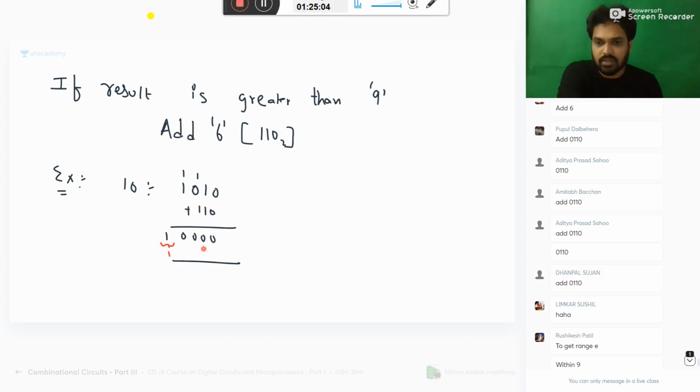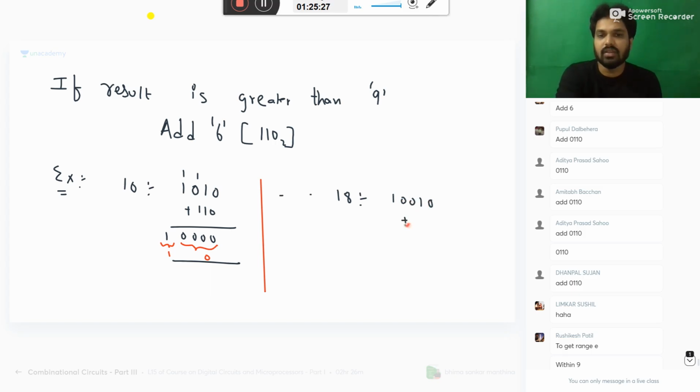What is the question, Aditya? If the result is in range, which range? If the result is 0 to 9, it is the same, no difference. 0 is the difference. Similarly, for example, your answer is 18. In binary, what is 18? This one.